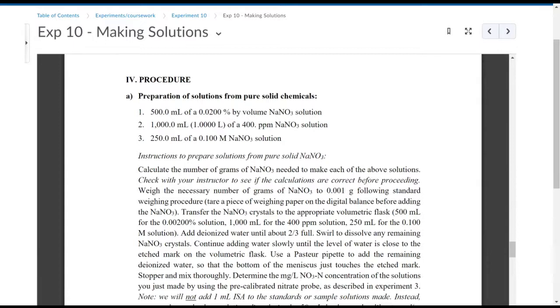10 milligram? 0.02%, so it would be 5 times 0.02.